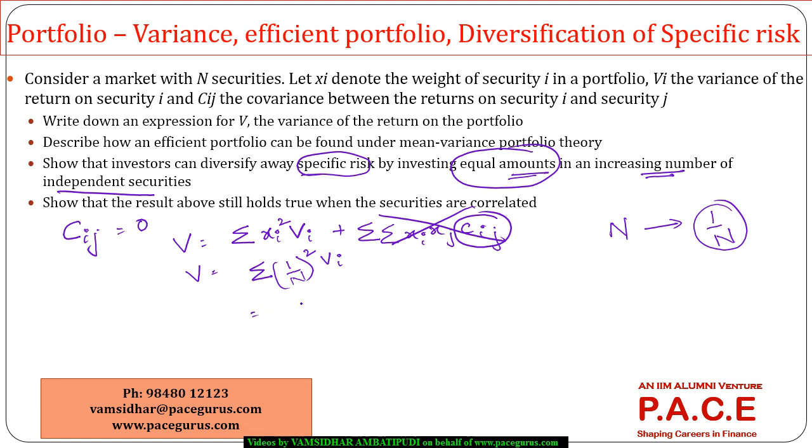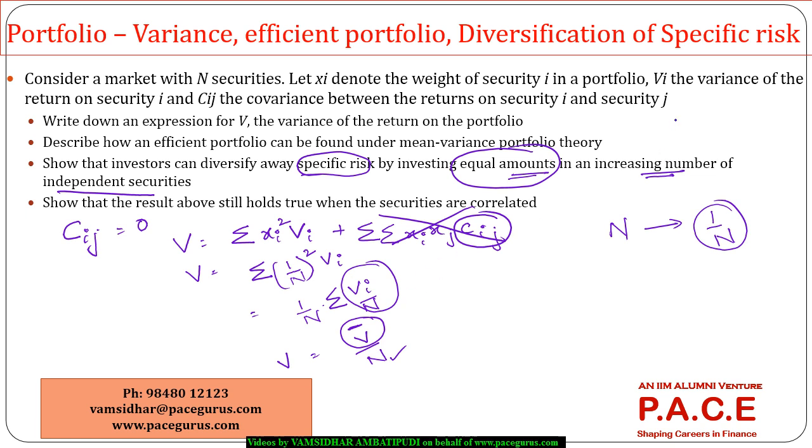And if I take one n outside and then put Vi by n, which is nothing but the summation by the total number, that gives me V bar, the average variance, divided by n. So that is the variance of the portfolio. I'll take the average variance divided by the number of securities, that will give me the variance of the portfolio.